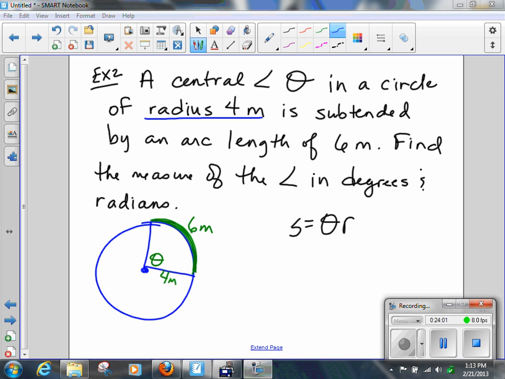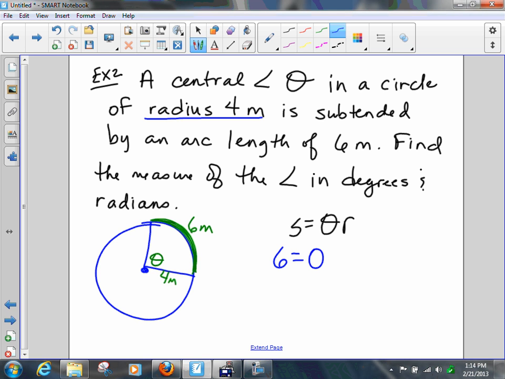s equals theta r, and what's our unknown? Theta is our unknown. All right, so our s, arc length, is what? 6. And the radius is 4. I've got to get theta by itself, so what am I going to do?